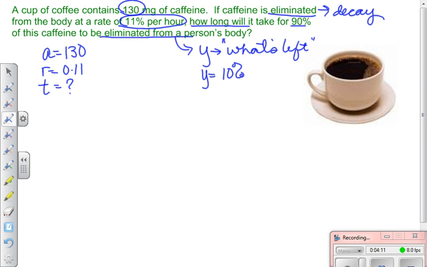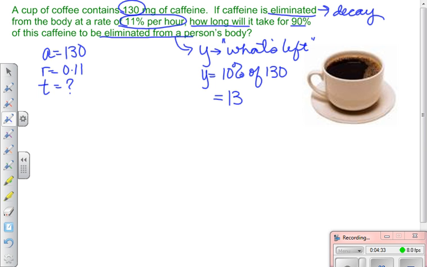If a is 130, 10% of 130 is 13. So if we put 130 milligrams in, how long will it take for only 13 milligrams to be left in your body? 90% gone, 10% left.